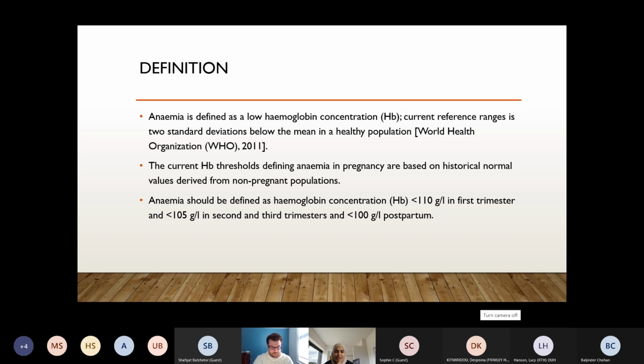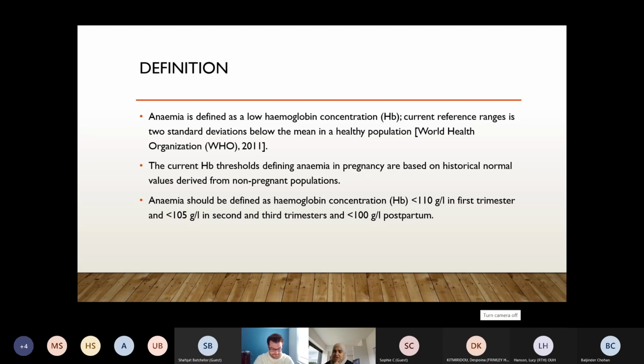No. Okay. In general, anemia is defined as low hemoglobin concentration, usually 2 standard deviations below the mean for the healthy population. That is the WHO definition. The definition in pregnancy is derived from the non-pregnant population, and it is not linked to the clinical outcomes at all.